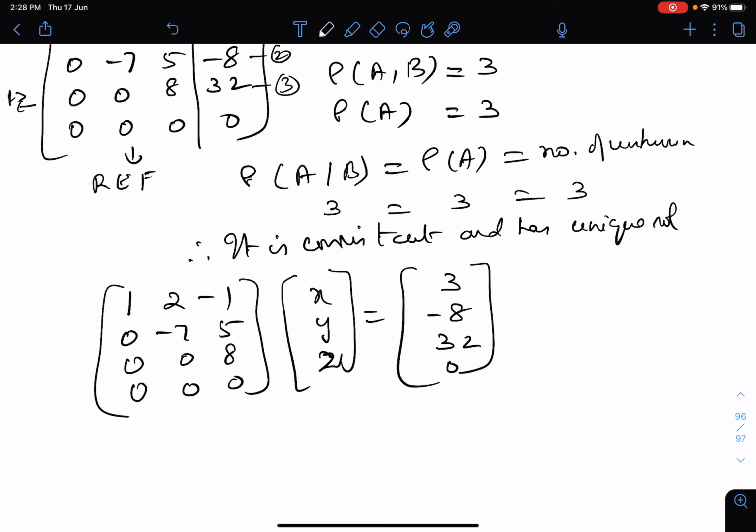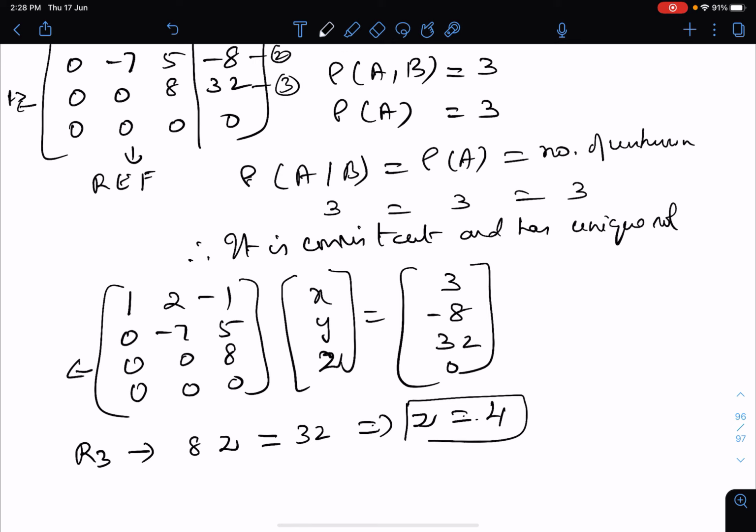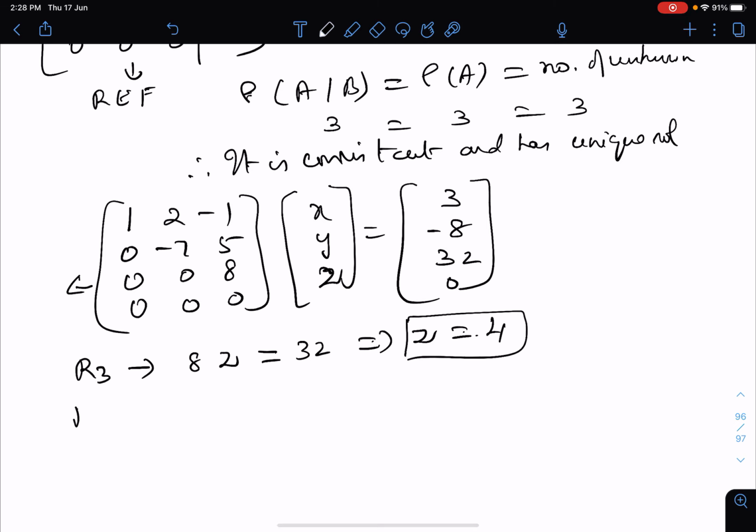Now we are going to take our row 3. Row 3 constitutes 8Z equal to 32, which implies Z equal to 32 by 8, which gives us 4. So Z value is 4. Now coming to row 2, you have got 0, so X becomes 0.